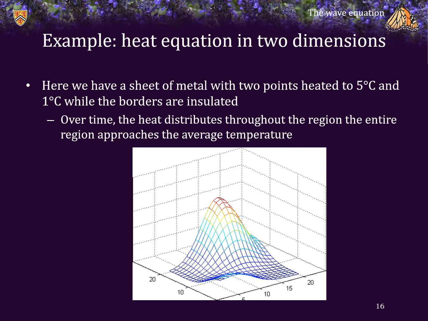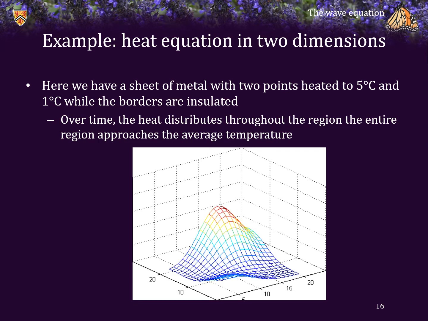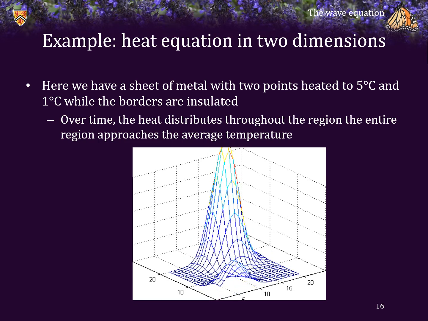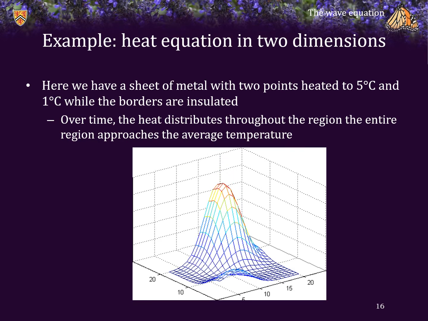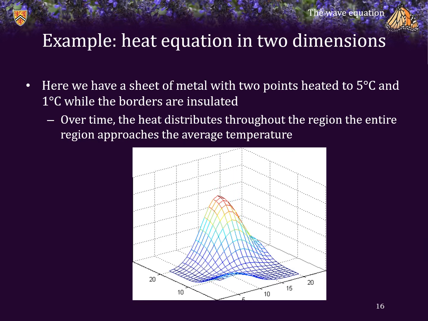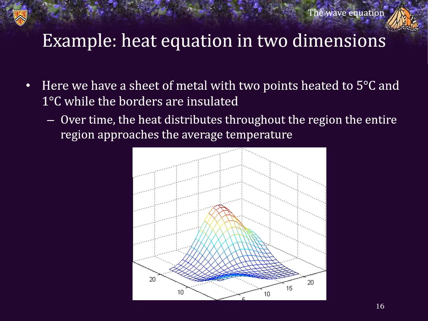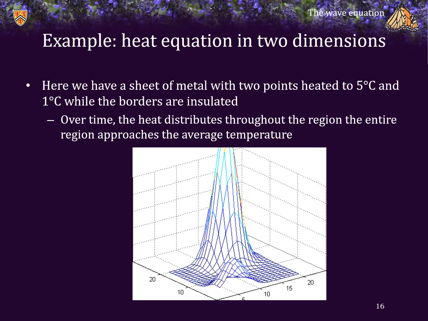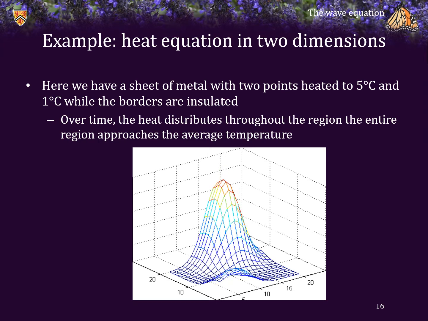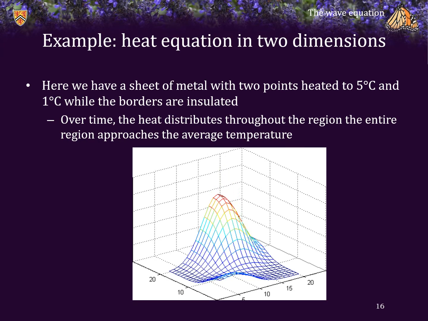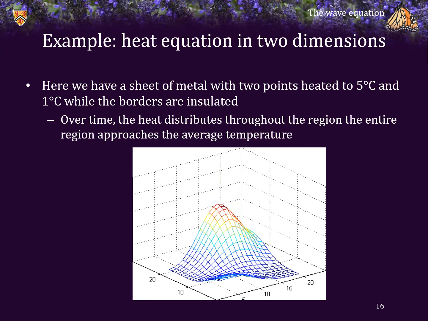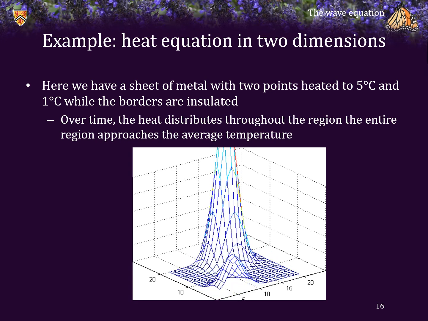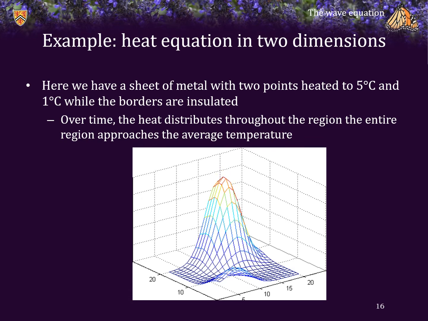So what happens now, instead of having the temperature approach 0, instead the temperature will approach the average temperature of the sheet from the initial state. After all, the heat that is present isn't going anywhere, the boundaries are insulated, and so instead the heat will distribute itself throughout the region, in this case a square.